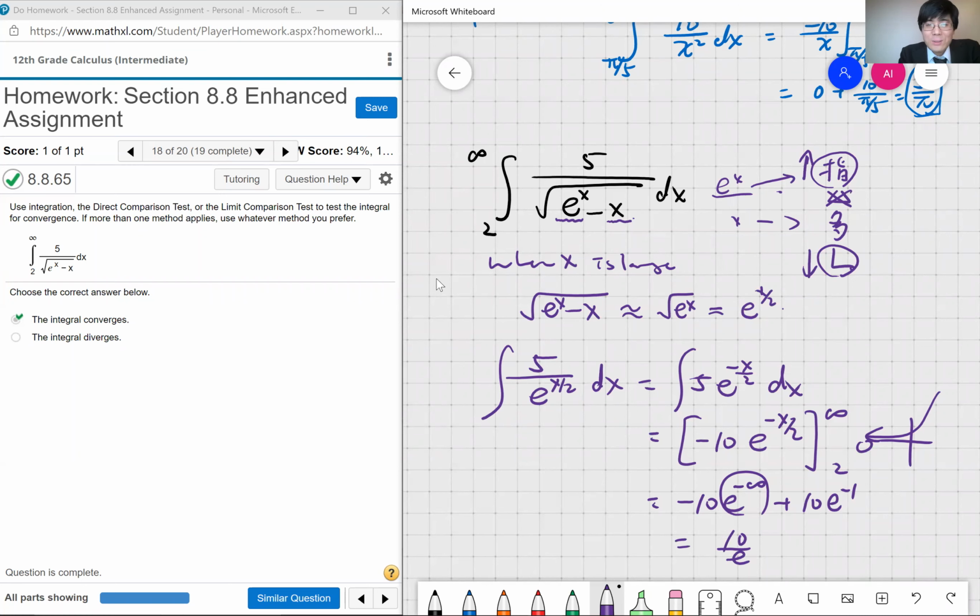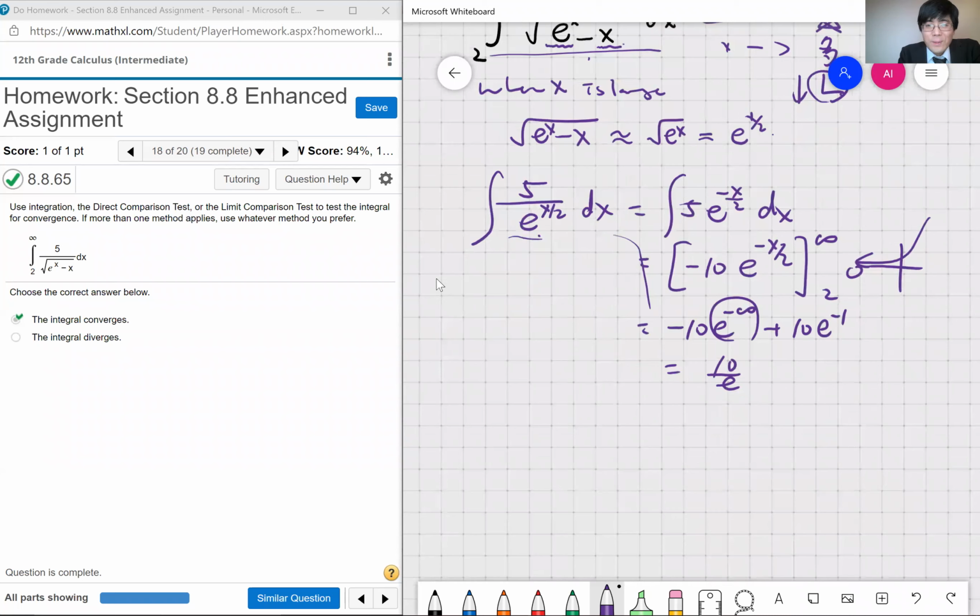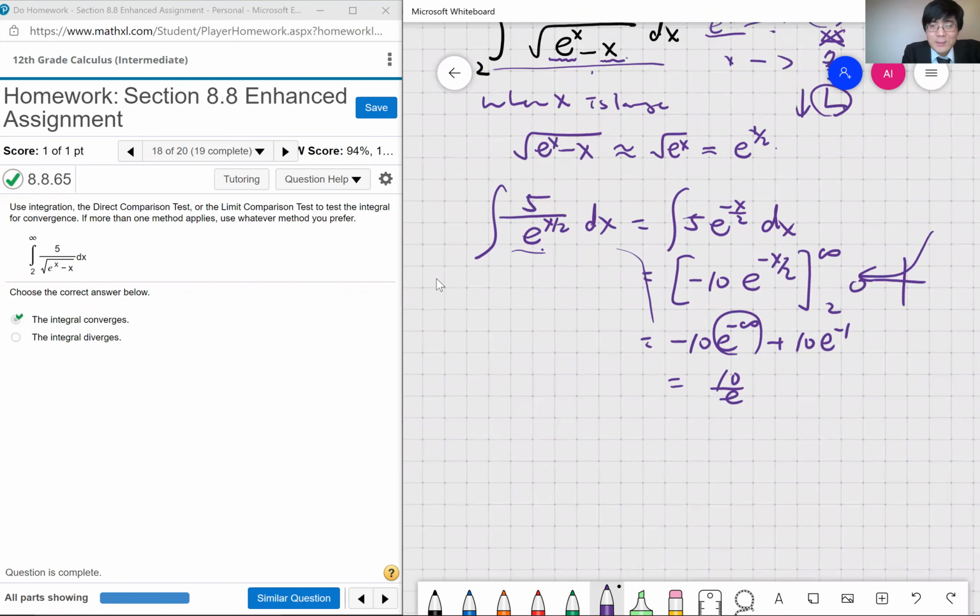Now, how do we show that this really converges? So we know that approximately this is equal to this and this converges. How do we show that this really converges? Well, in this case, you can say for any x greater than or equal to 2, e to the x minus x is clearly smaller than e to the x minus 0.